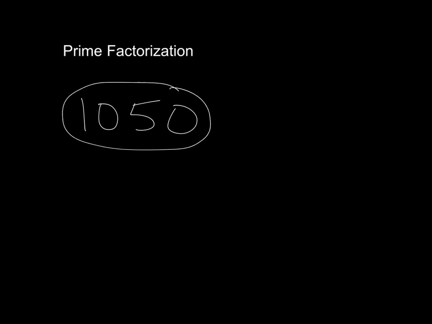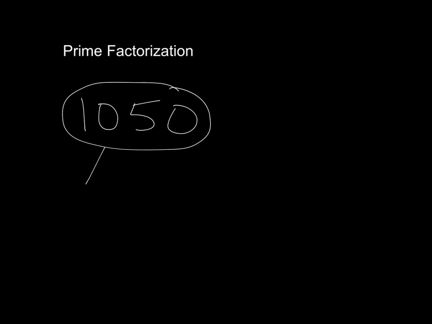So just say we have the number 1050. And we want to find out what are the prime numbers that make up, when you break 1050 down, what are the prime numbers that you're left with? So what you would do is, again, you would find factors of 1050.